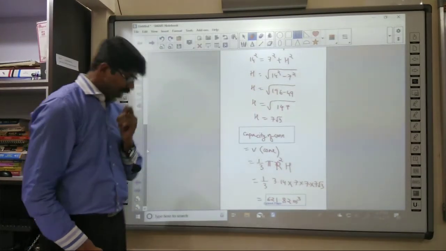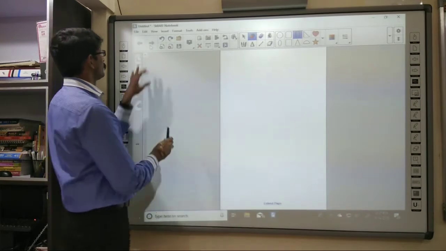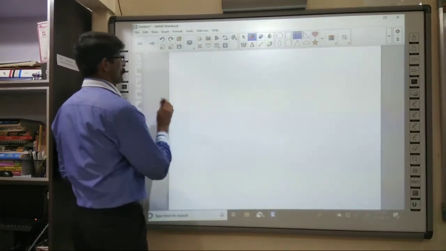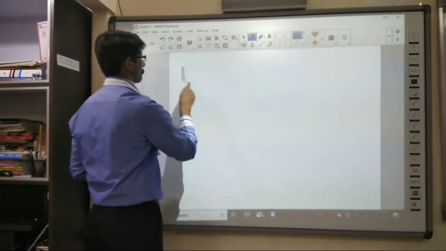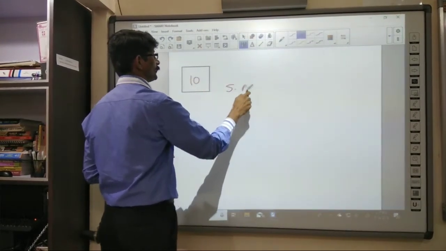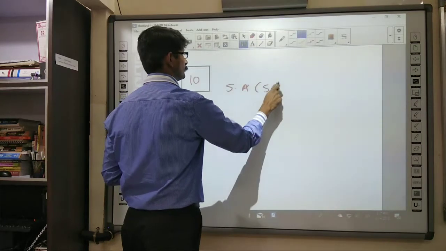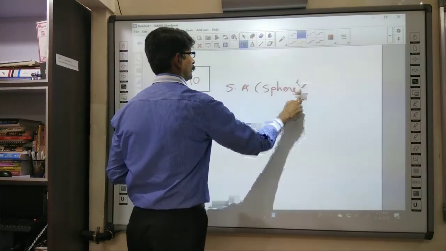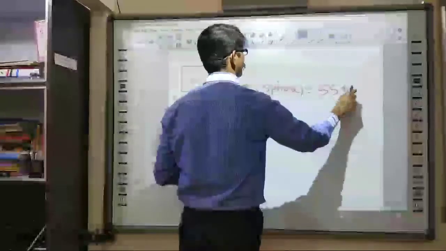So the surface area of the sphere is given. So we'll do sum number 10. Surface area of sphere is equal to 5544.